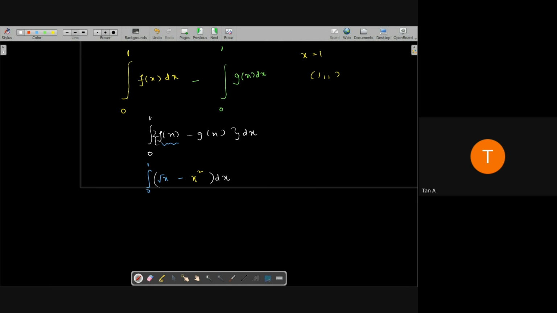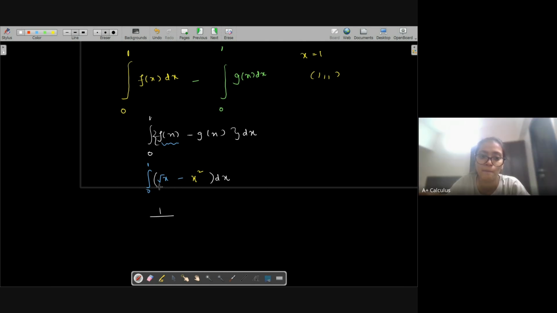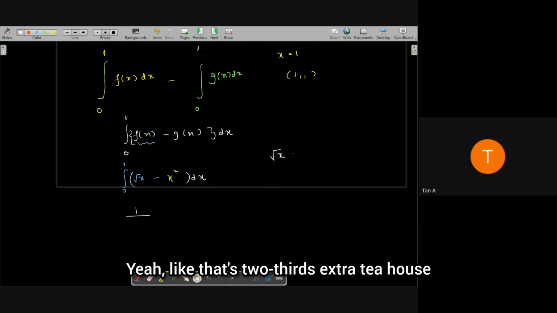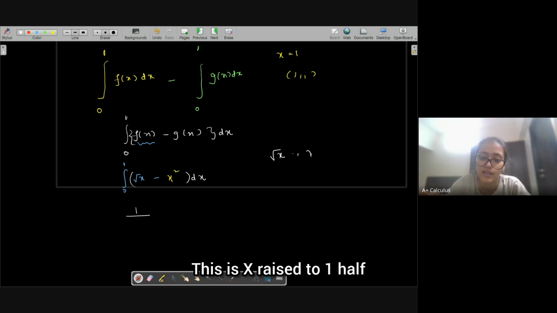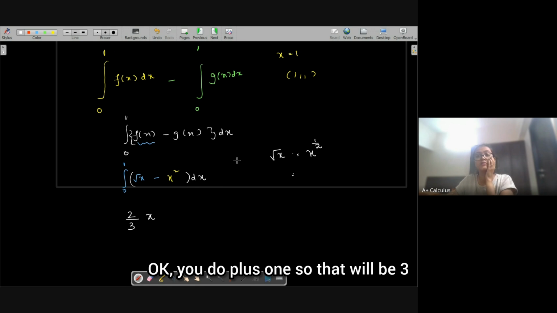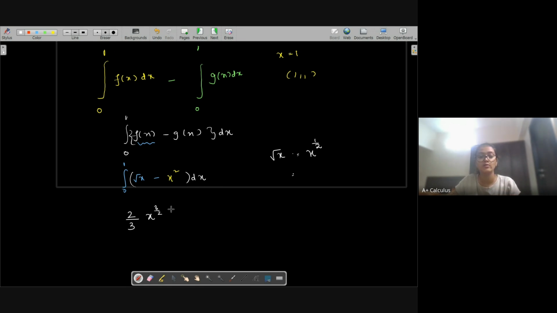What is the integration of square root of x? Yeah, that's 2/3 x to the 3/2. This is x raised to 1/2, so 2/3, and 1/2 plus 1 will be 3/2.